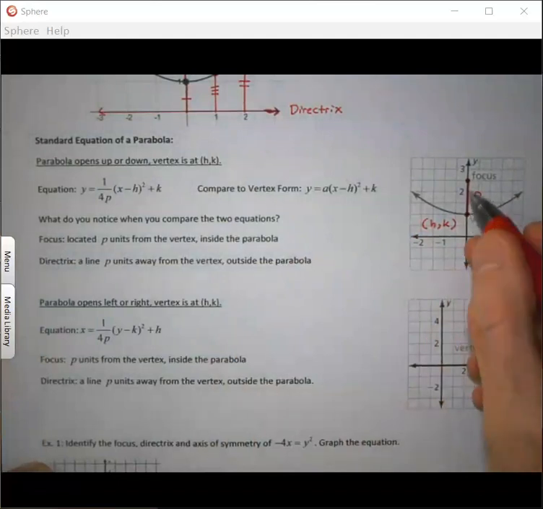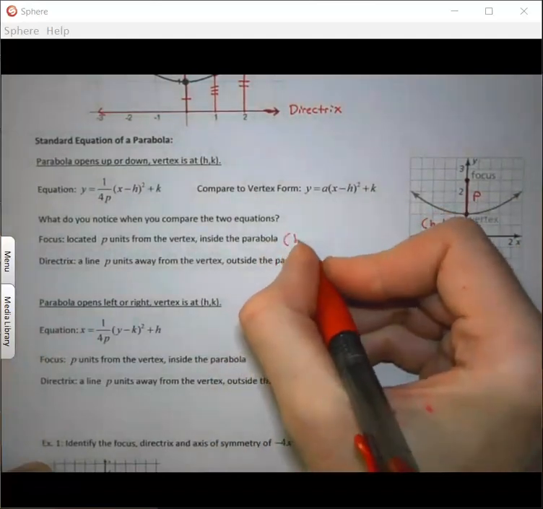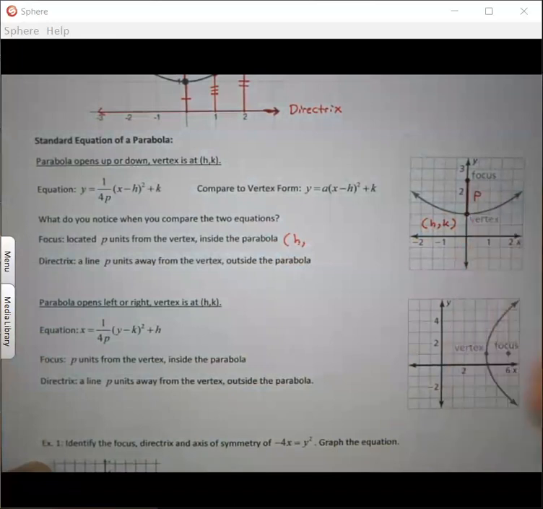So we can see our vertex and our focus are going to have the same x, or in this case, h. Now to go from our vertex to our focus, we go up the distance p.